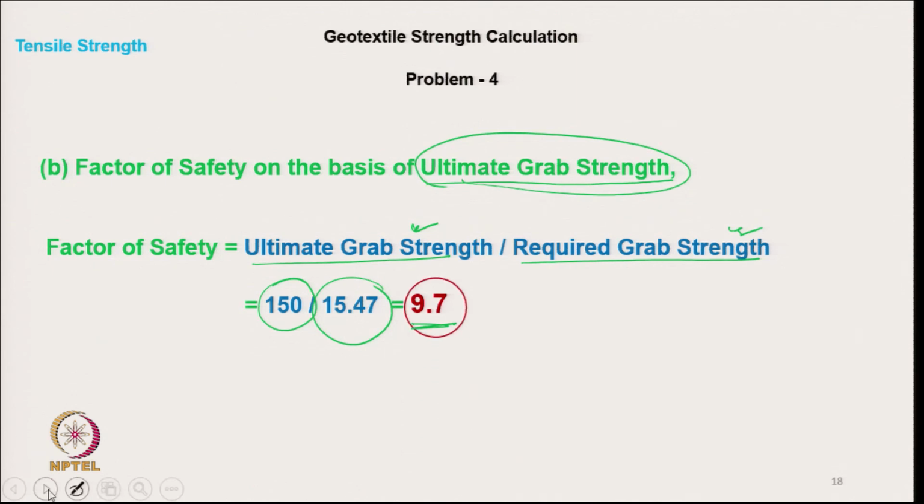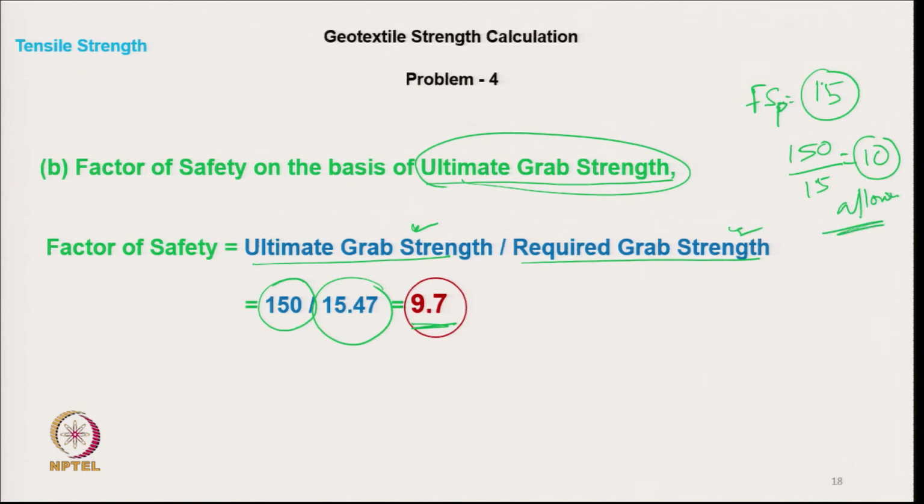Suppose it is given that the partial factor of safety was 1.5. In that case, it would have been 150 by 1.5, that is 100, the allowed ultimate grab strength.